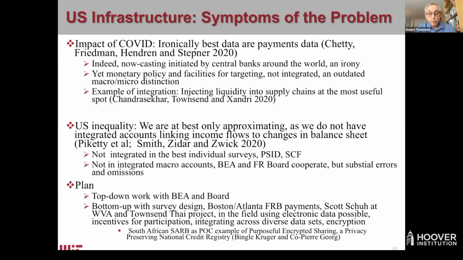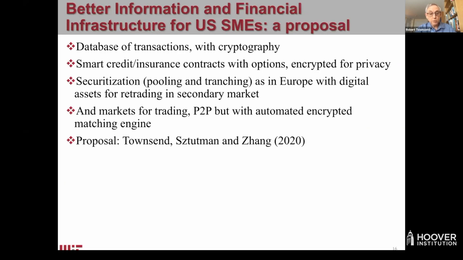Inequality is a big issue in the US, but ironically, it's not actually all that well measured because the accounts are not integrated, and I can go into that in more detail. And I have plans at the bottom here for how to address those issues.